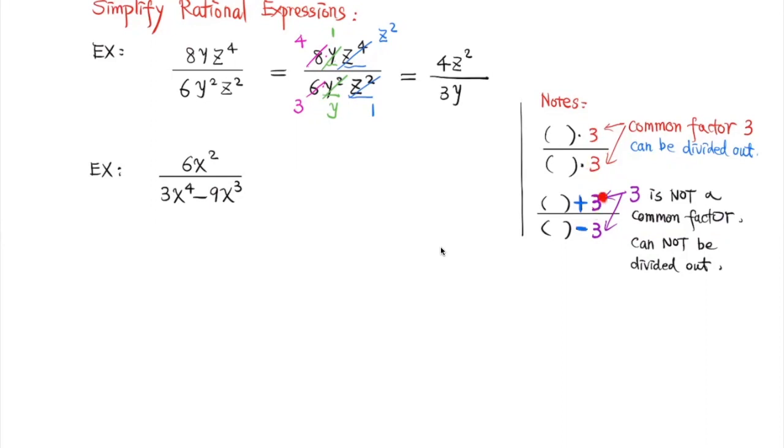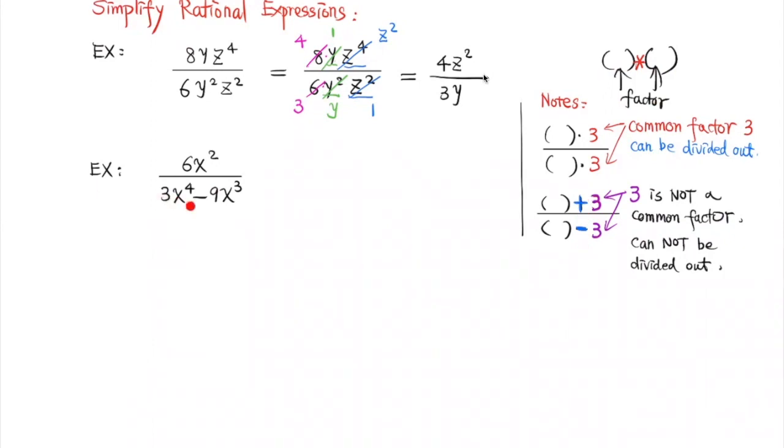Now in the second case over here, this is addition and this is subtraction. Those are not multiplication. When it's not multiplication, the 3 here is not a factor. Factors are separated by multiplication. So this 3 here and this 3 here, they are not common factors up and down. We cannot cancel or divide them out.